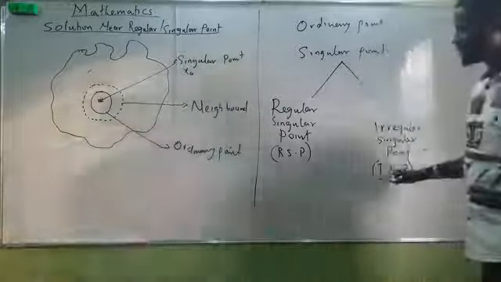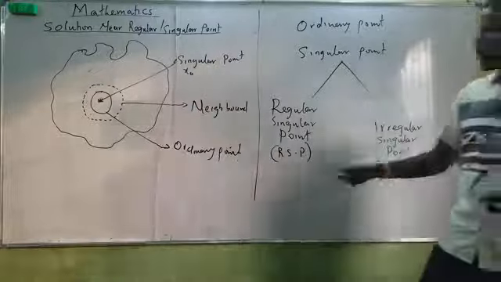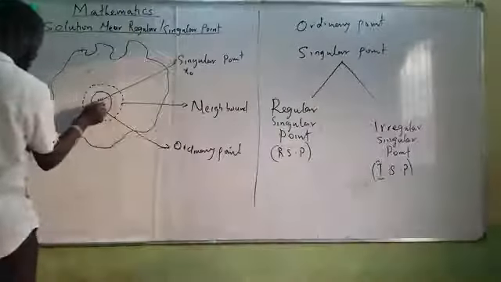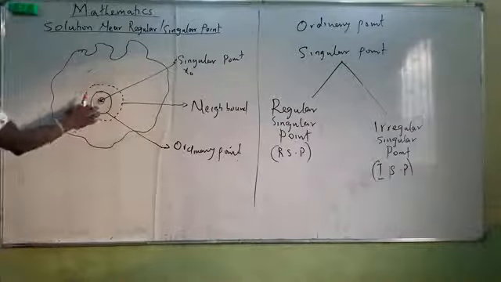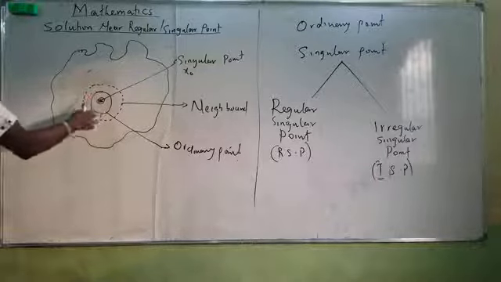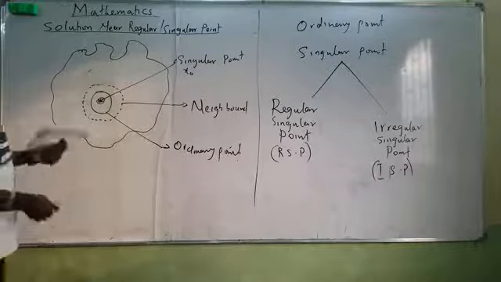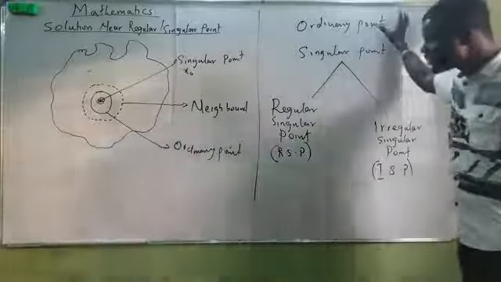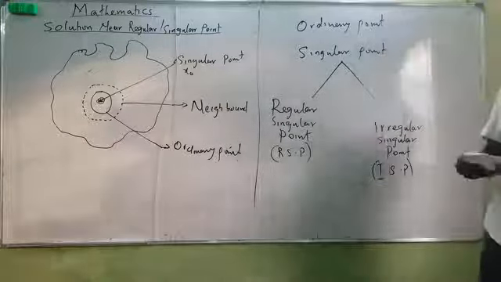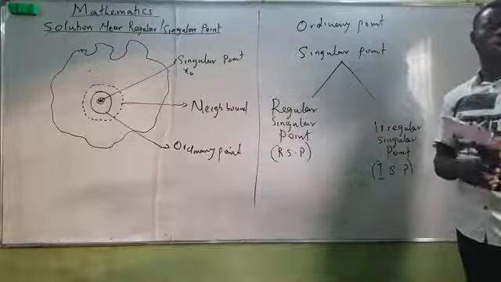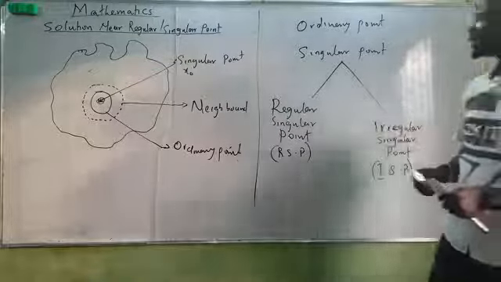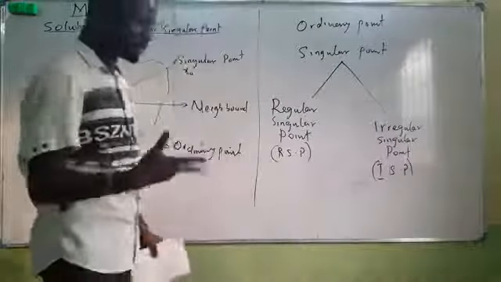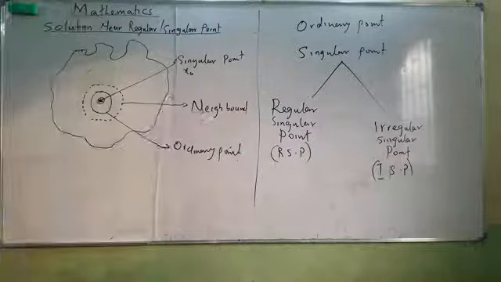The regular and irregular singular points are all found around this place, the neighborhood. That is what I'm trying to explain here. Can you see what is called an ordinary point, and you can see what is called a regular singular point.